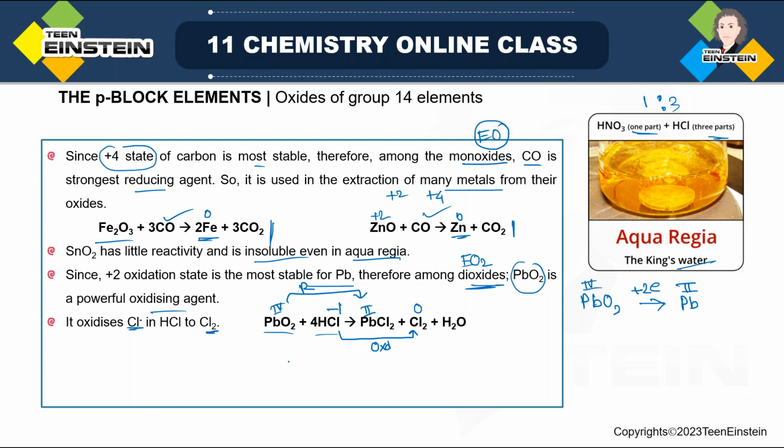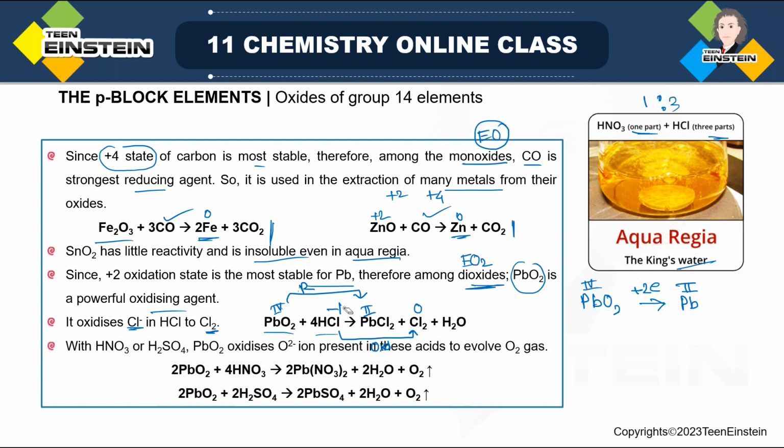If you take some other acid rather than HCl, suppose HNO3 or H2SO4, now what will happen? With HNO3 or H2SO4, PbO2 will oxidize the oxide ion present in these two acids. Now this oxide, having negative charge, on the right hand side becomes diatomic oxygen, that means zero oxidation state.